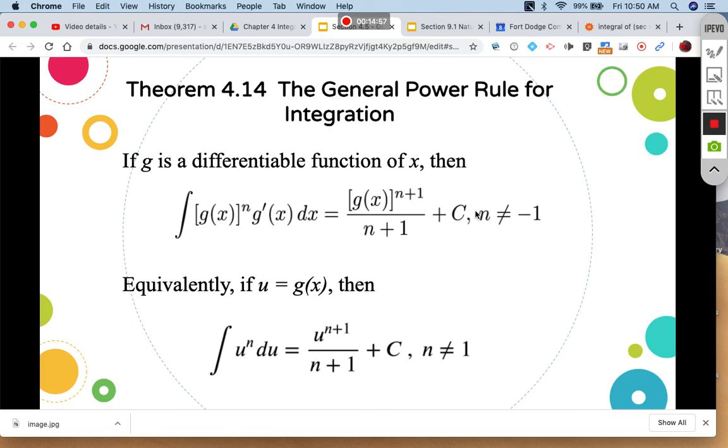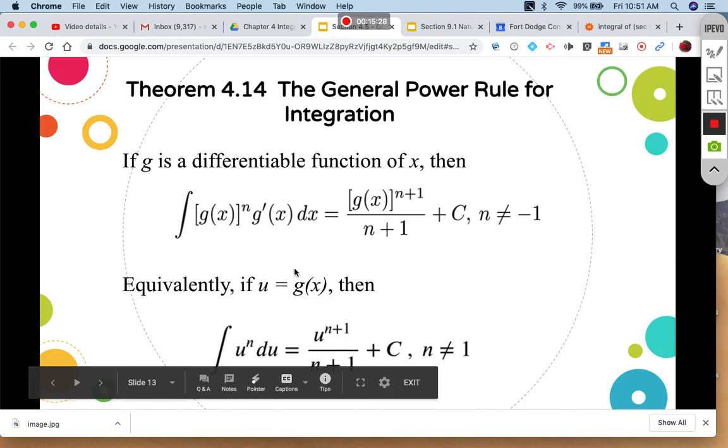So that gives us the general power rule for integration. General power rule for integration is pretty much the pattern we looked at, but we just kind of spell this out. If we're looking at a function to a power times the derivative of the function, that integral is just that function to the n plus 1 power over n plus 1, add the constant to it.